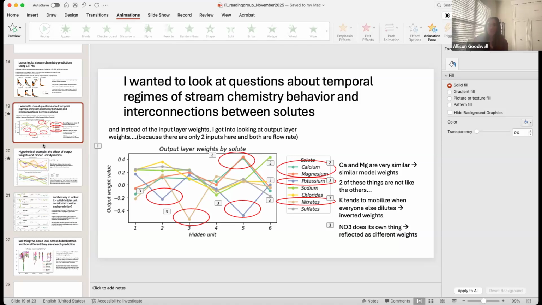They would be the ones where you would actually see the circular pattern. And so you can trace back to say, okay, that's why the model is picking up hysteresis: that hidden unit is what's picking it up.